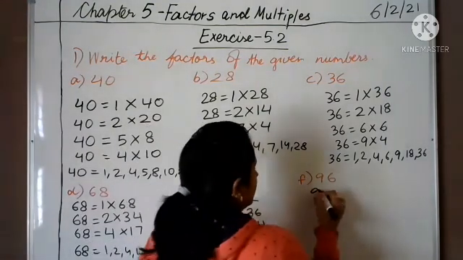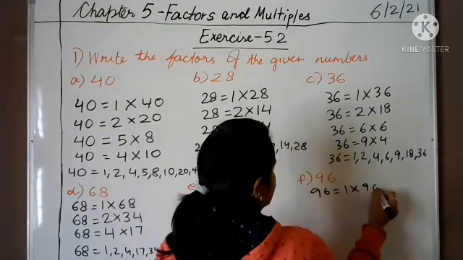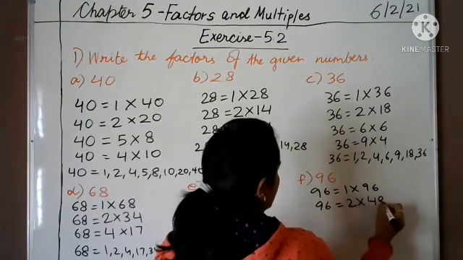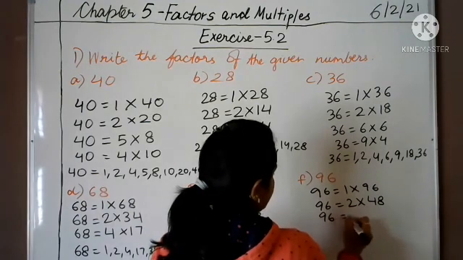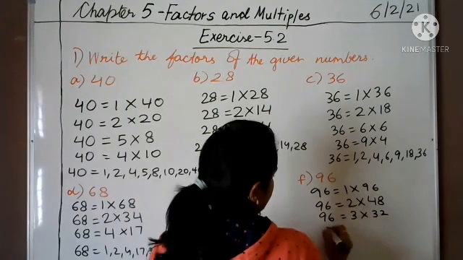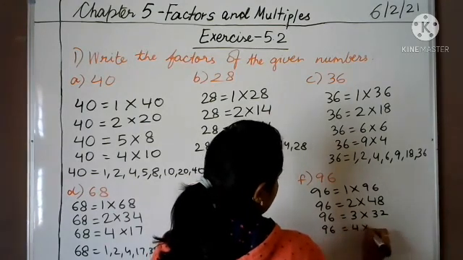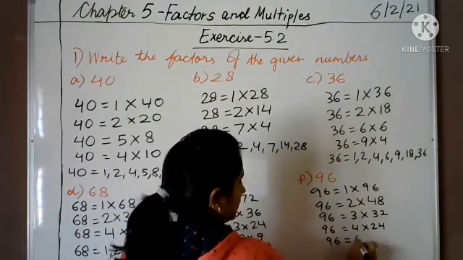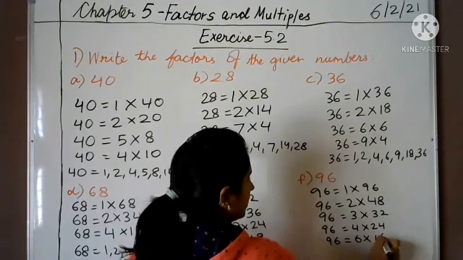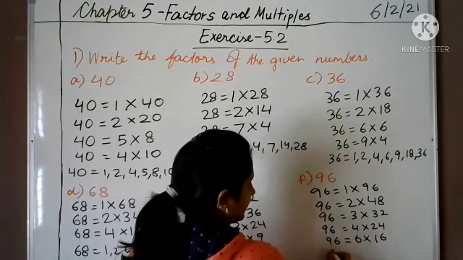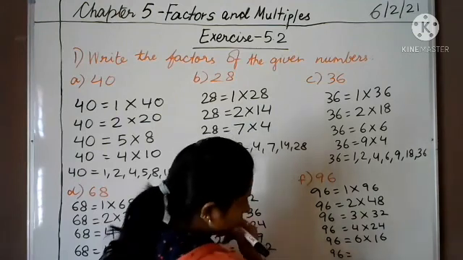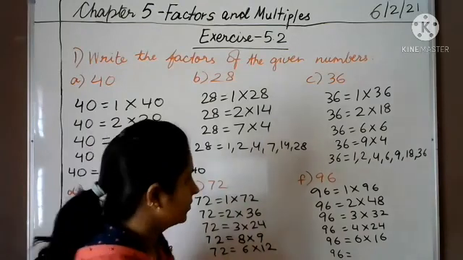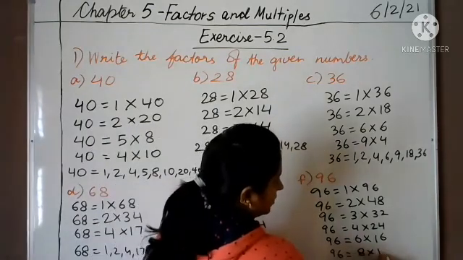Next 96. So 96 is equal to 1 into 96. Again this is also an even number, so it is divisible by 2. 2 48s, 4 24s, 6 16s, and till 16 it is going, and so 8 12s is also equal to 96.